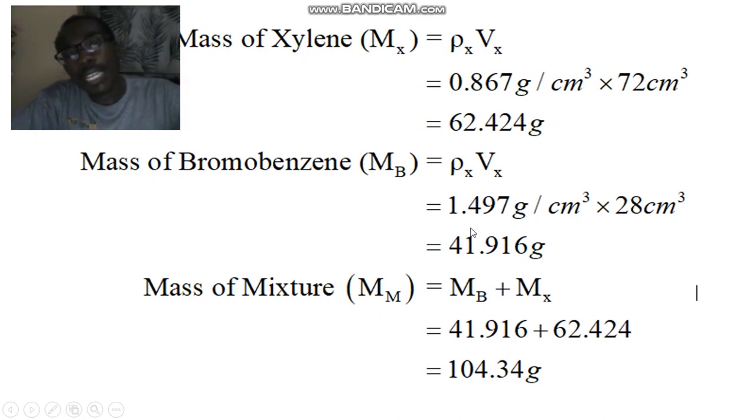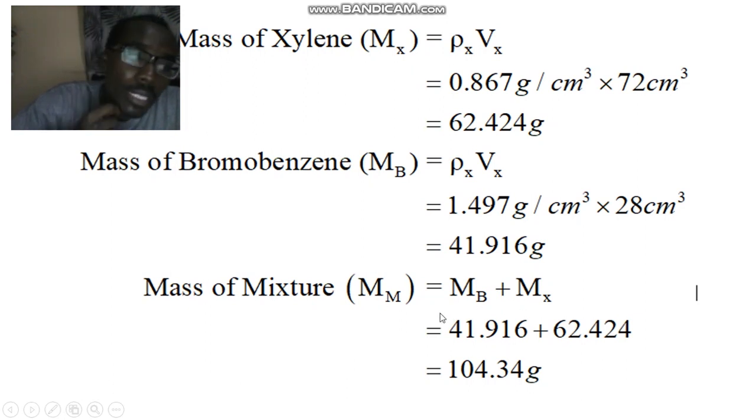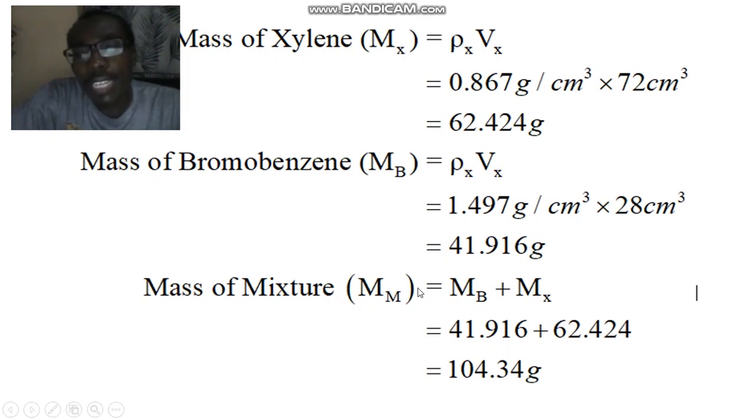Now, after getting the masses, you need the total mass of the mixture to obtain the density of the mixture, because to obtain the density of the mixture, you need the mass of the mixture over the volume of the mixture. The mixture is made up of bromobenzene and xylene, so to get the mass of the mixture, you sum up the mass of bromobenzene and the mass of xylene, and as you can see here, we have 104.34 grams.